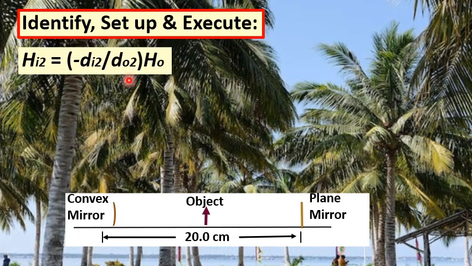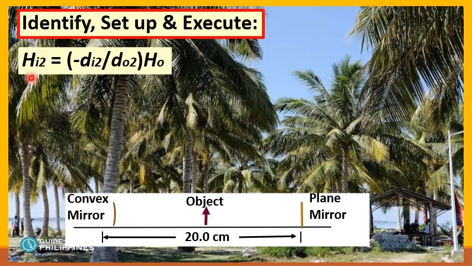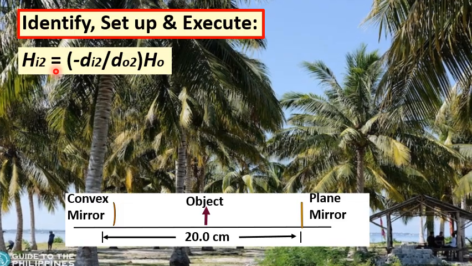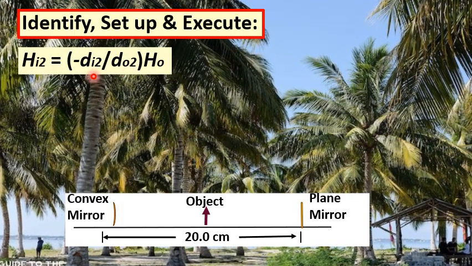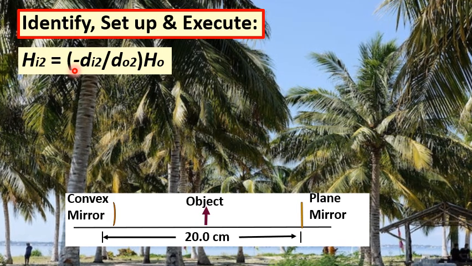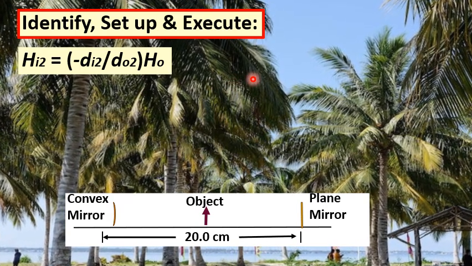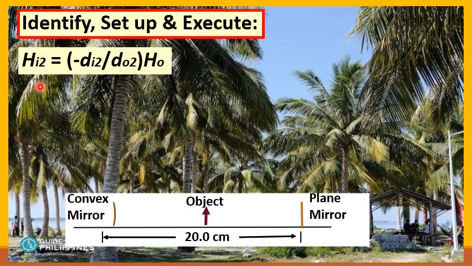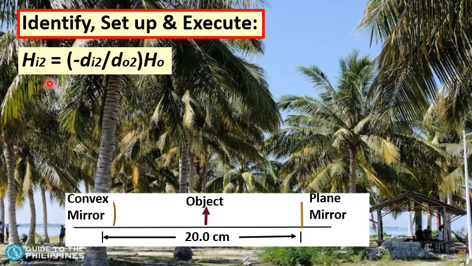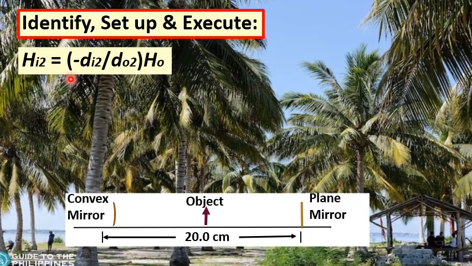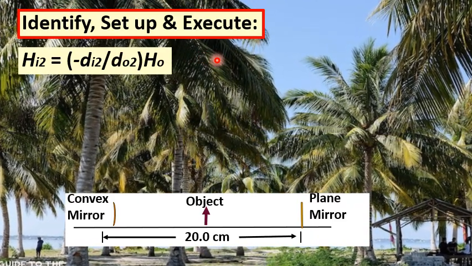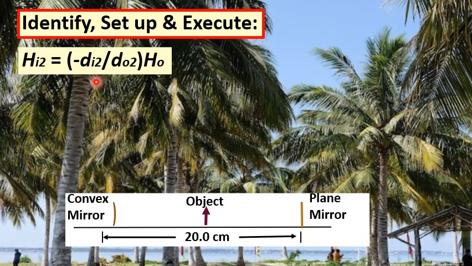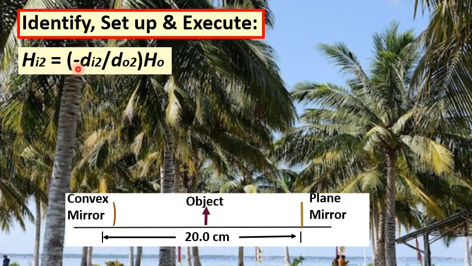Finally, we come to the computation of the height of the second image, denoted here by h sub I2, right? Just to differentiate our computation from that of determining the image height h sub I1, where we first calculated the lateral magnification M1, this time we're doing it directly, all right?